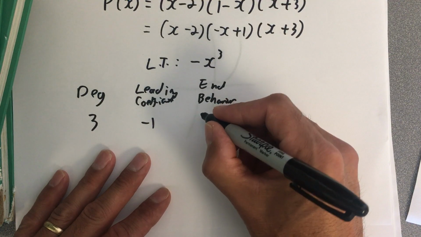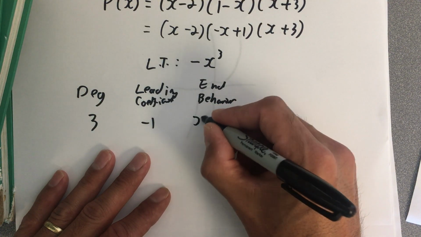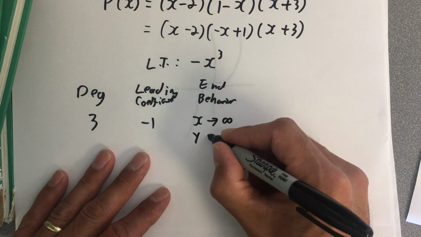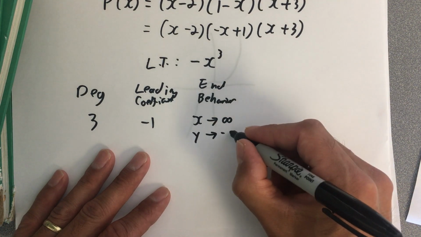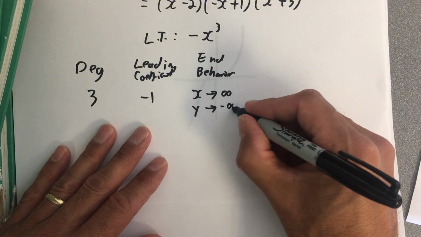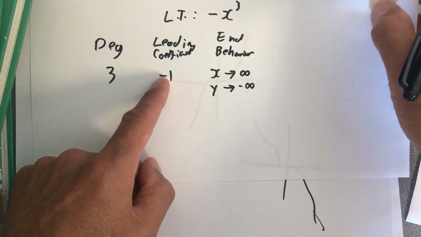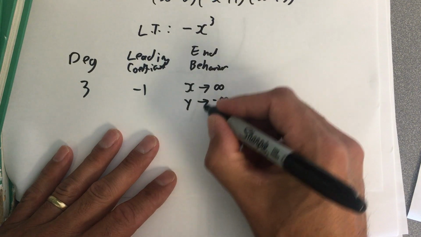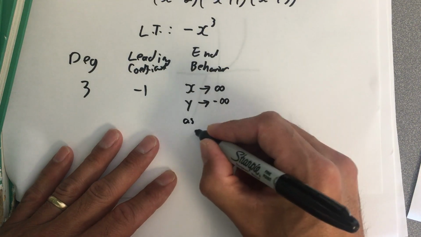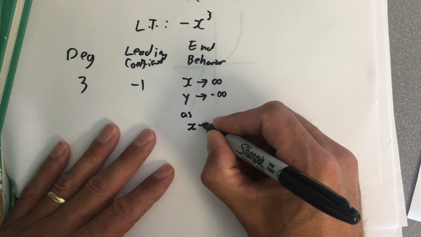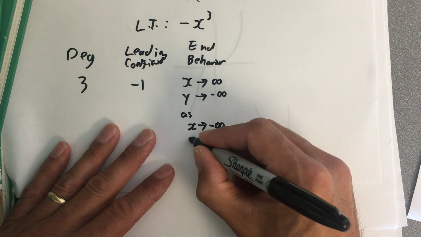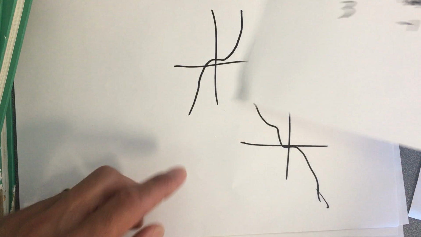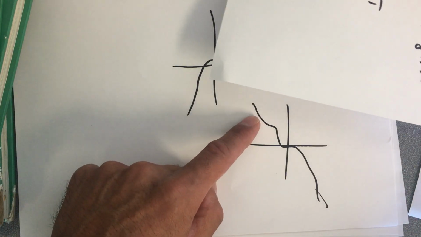So my end behavior is going to be as x goes to infinity, y goes to negative infinity, because that leading coefficient is negative, we're going this way. And as x goes to negative infinity, y goes to positive infinity. So it looks like this.